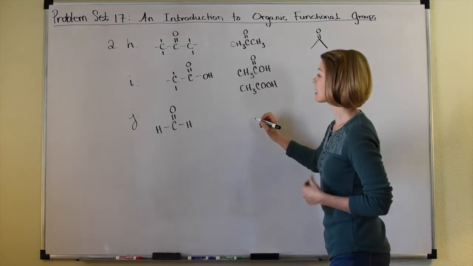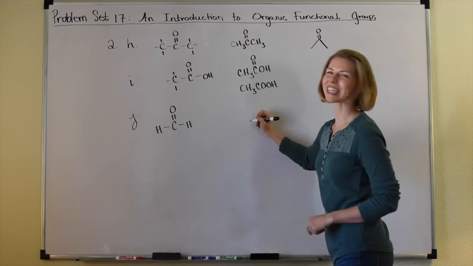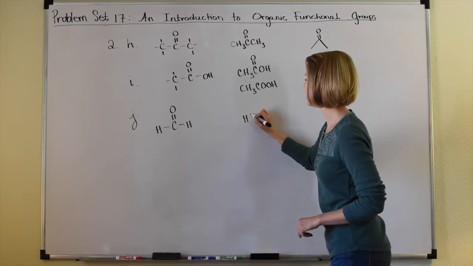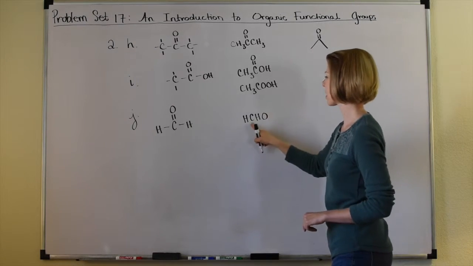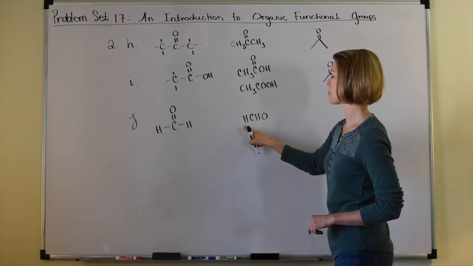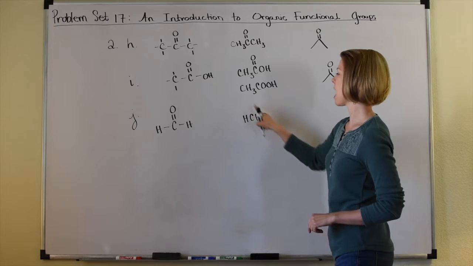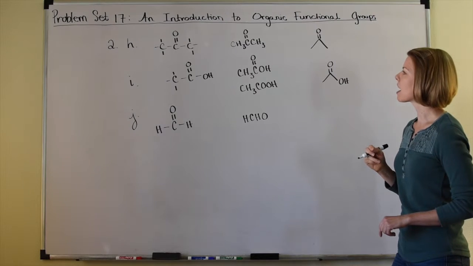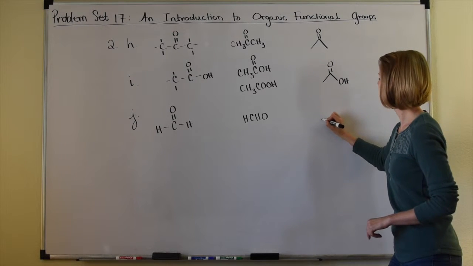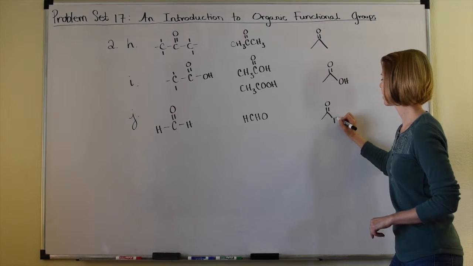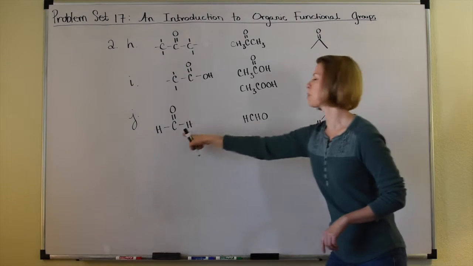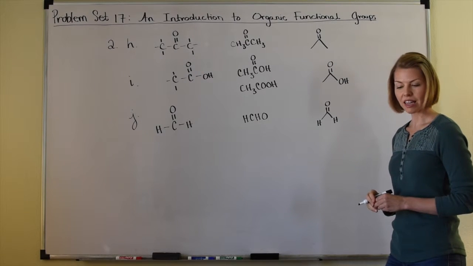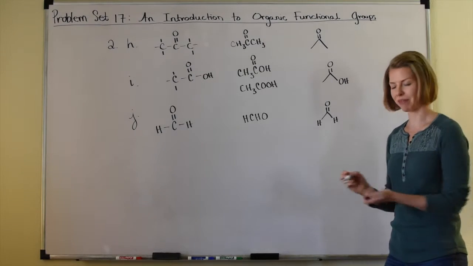Now in your condensed structure, it doesn't get a whole lot more condensed than this, but you can write an aldehyde, remember, as CHO. Okay, so right here, this carbon is covalently bound to this hydrogen, and therefore has a carbonyl, a double bond to the oxygen. And in your line structure, again, not really saving you any more time than this, but you would have to put a hydrogen on each side. All right, let's go ahead and erase here and go on to number 3.